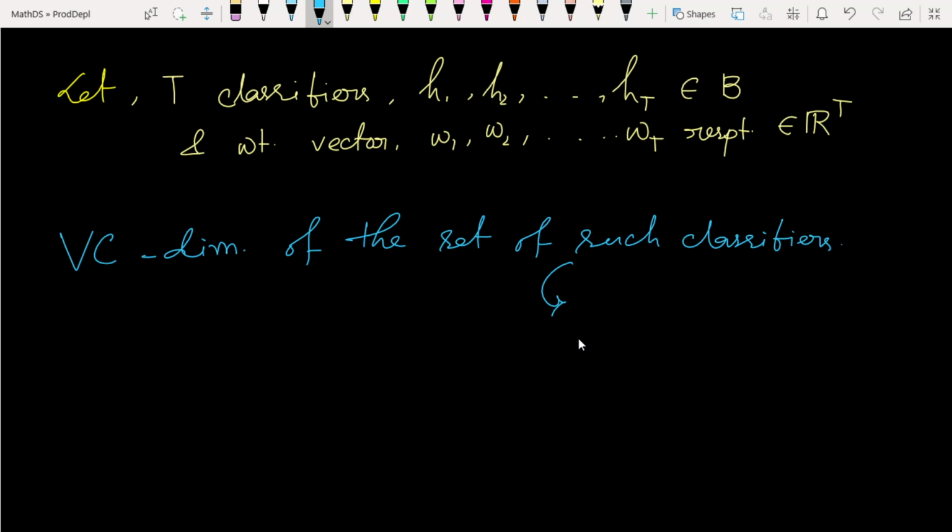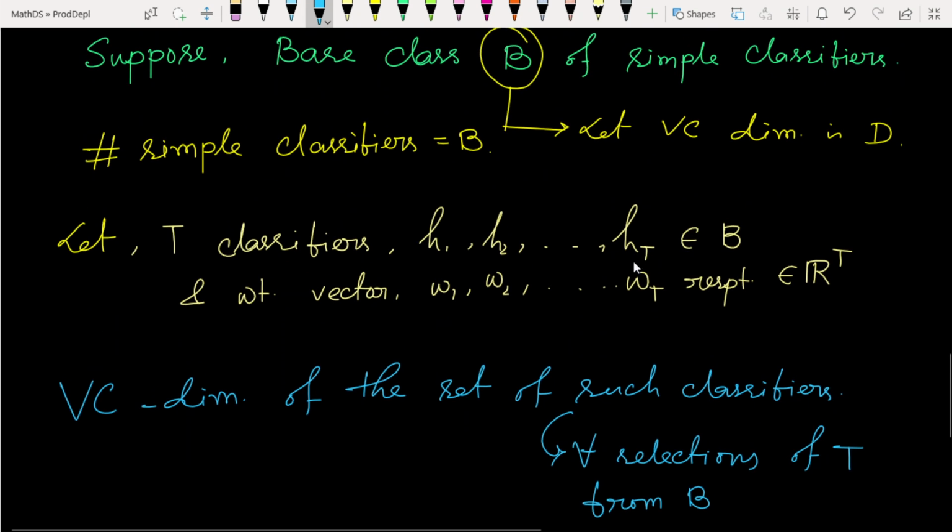So for all selections of T from B, T may be 2 or 3, 5, 9, 10, like that.